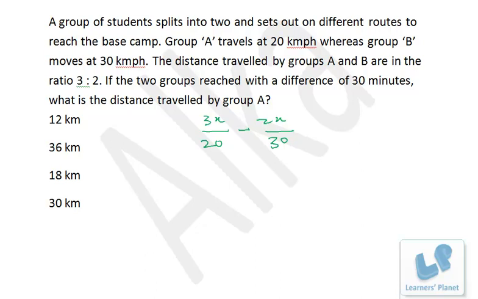And this difference is half an hour. So 5x is equal to 30, that means x is equal to 6, and the distance covered by Group A is 3x, so it is 3 into 6, 18 km. Okay.